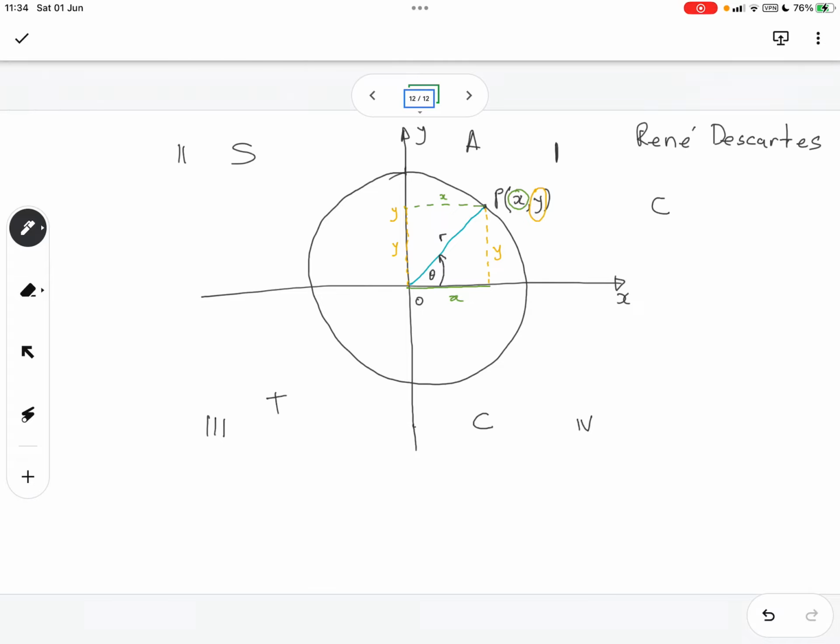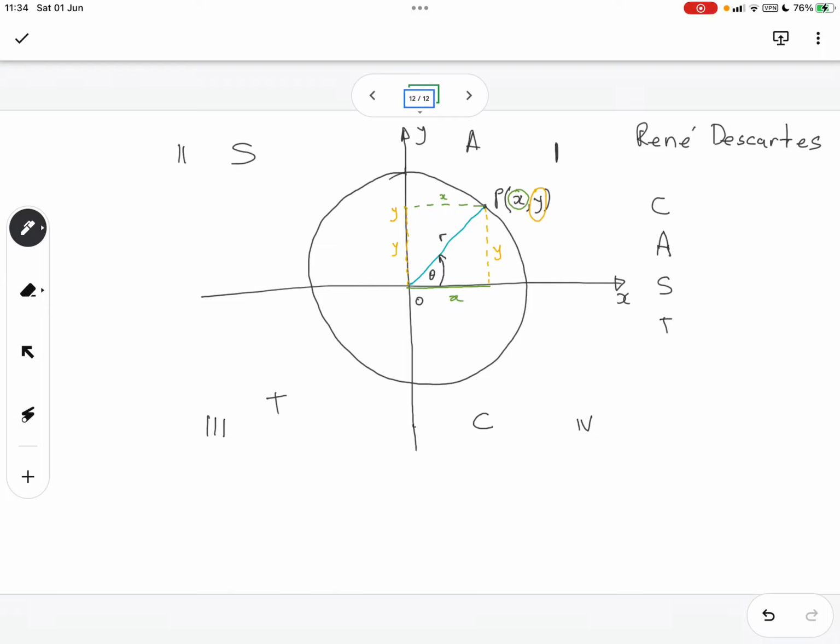And the importance of this CAST is the following. When we use the Cartesian axis to find any angle, our angle may not necessarily be positive all the time.